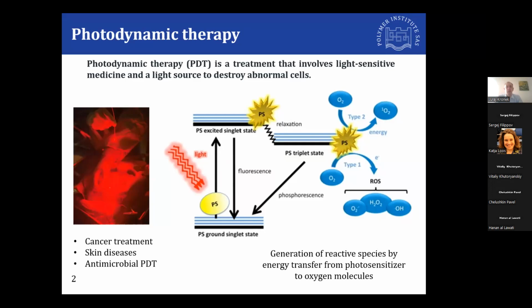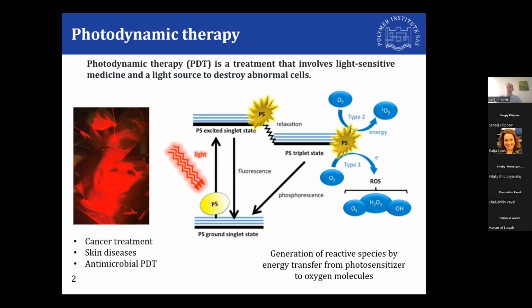antimicrobial photodynamic therapy. The principle behind photodynamic therapy is in the energy transfer, where the light source is exciting the photosensitizer to produce a singlet state, and then energy is transferred to the production of reactive oxygen molecules.